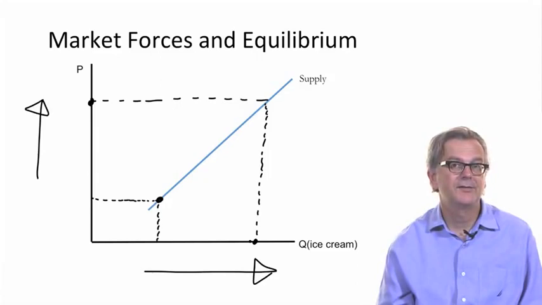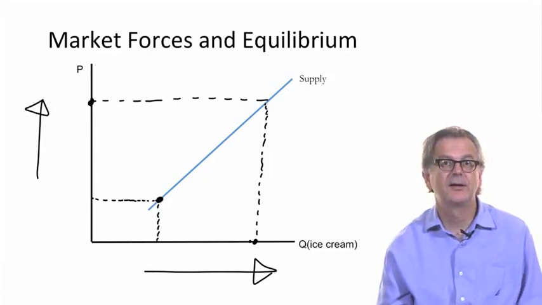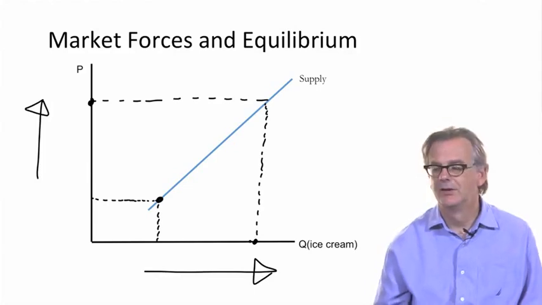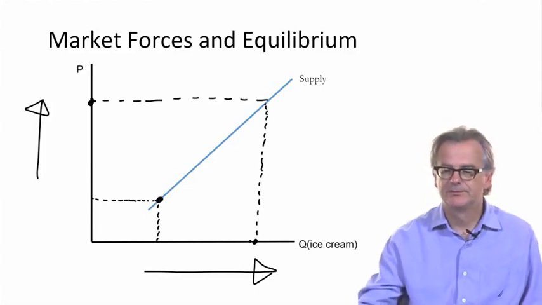So the supply of ice cream is a positively sloped line. The intuition behind that is firms' willingness to supply ice cream increases the higher is the price. All of this assumes that everything else that could possibly affect the supply decision is being held constant.